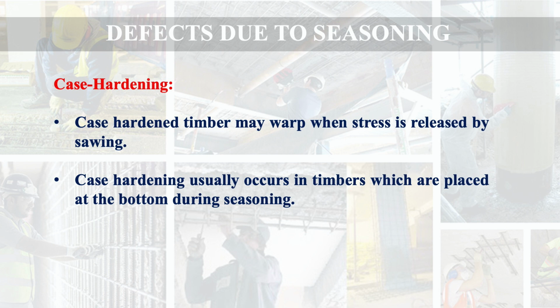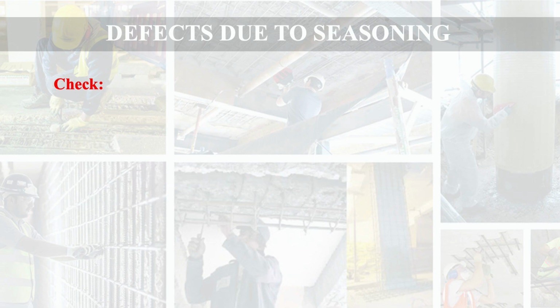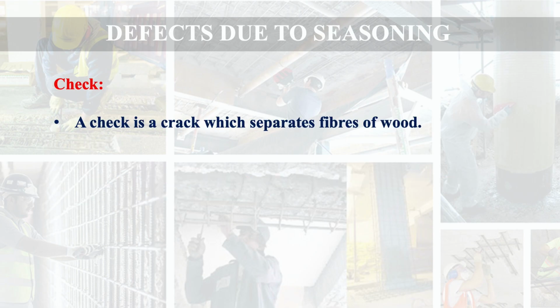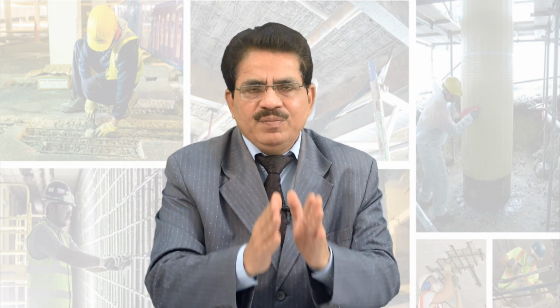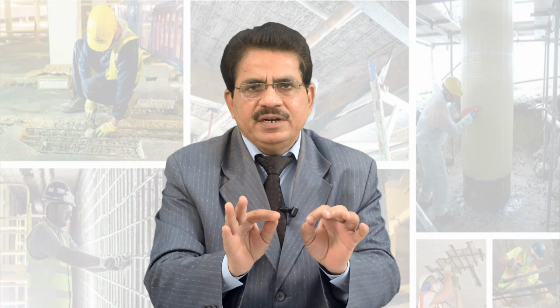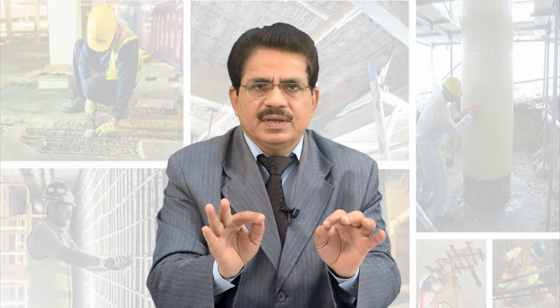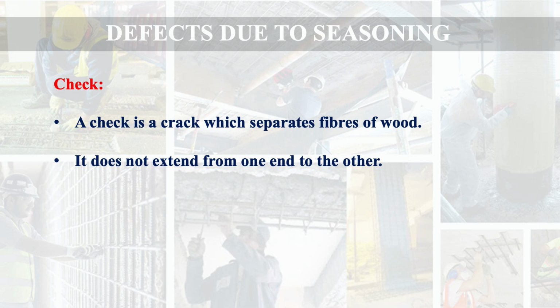Now, next defect is check. A check is a crack which separates fibers of wood. Means here what will happen? The fibers of wood will be separated from each other. But here it does not extend from one end to the other end. Next defect is collapse.